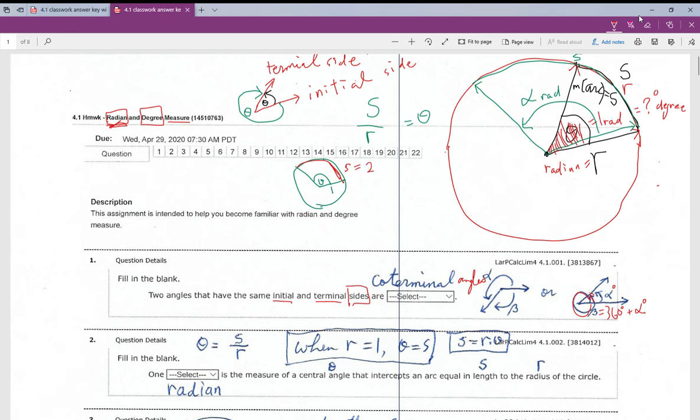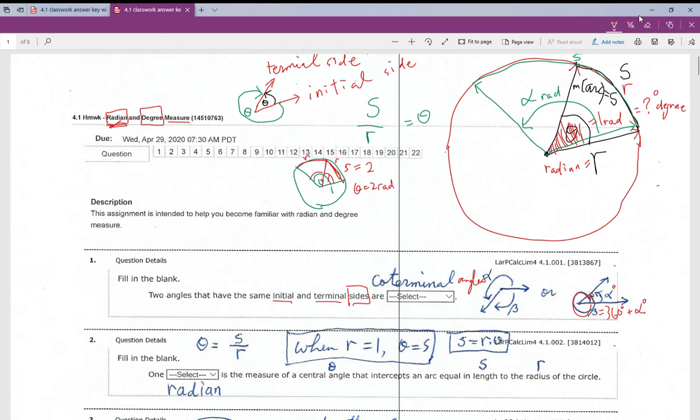So it means here we have 2 radius, right? 1 radius, 2 radius here. Each 1 radius, the angle is 1 radian, and you have another 1 radian. So total, when S equals 2, then theta is 2 radian.